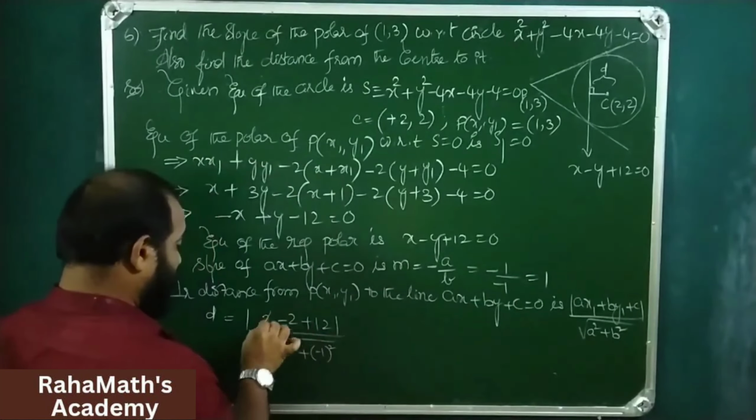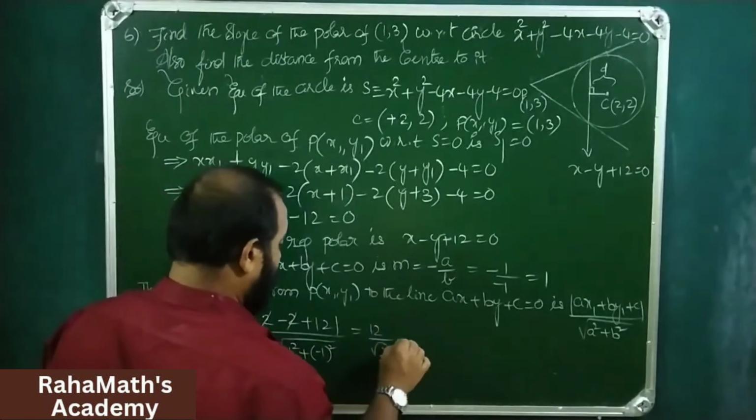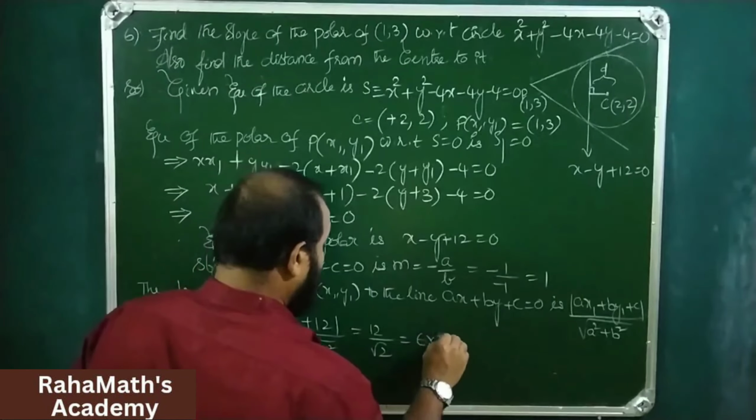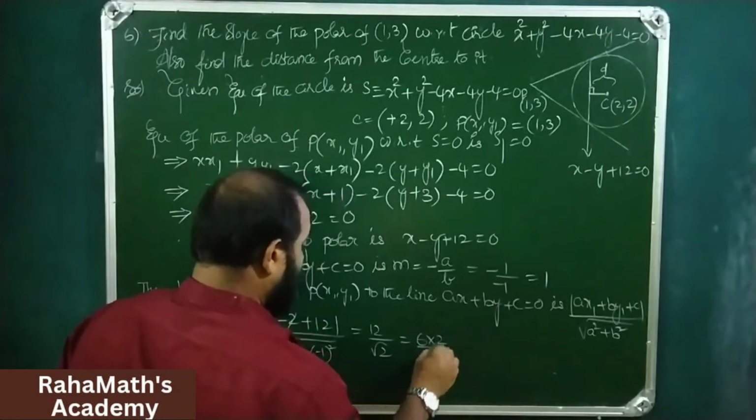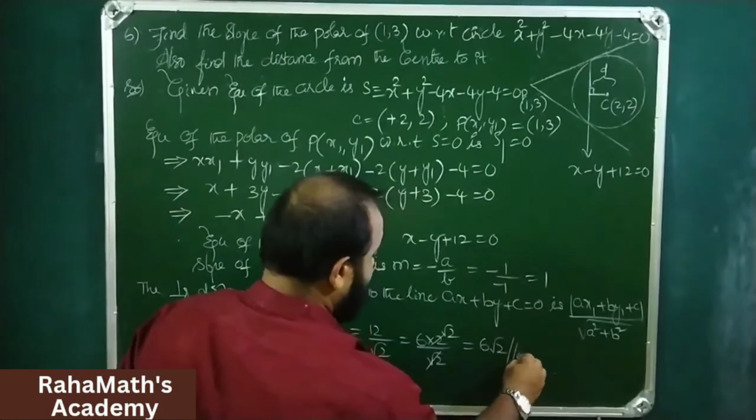So this equals 12 by root 2, since the 2 gets cancelled. 12 can be written as 6 into 2 by root 2, so 6 root 2 is the answer.